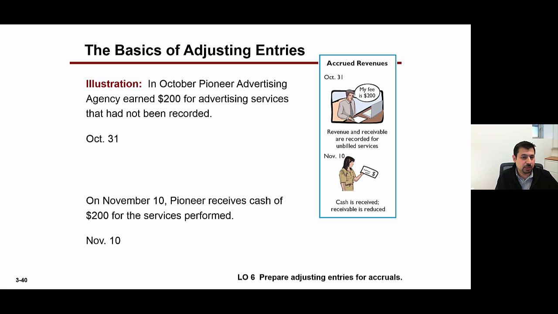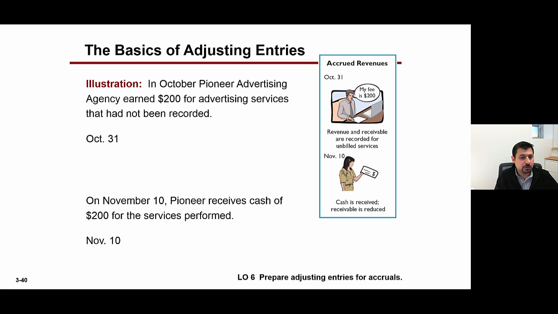Remember that under the accrual basis, companies must recognize the revenues when they are earned. Because they provided the services, they earned those $200. And because they haven't received the cash, they provided a service on account. They provided the service without being paid.